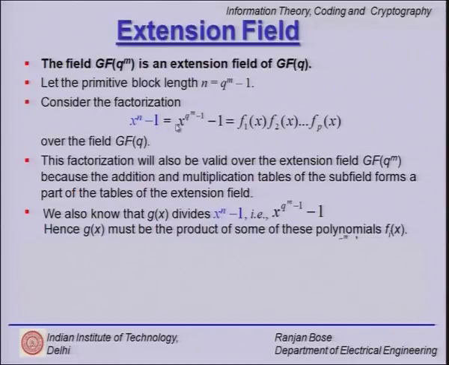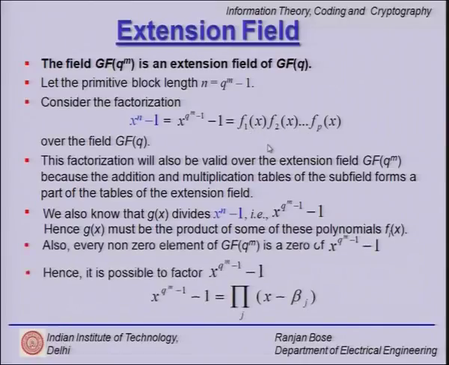So, I am now in the business of factorizing x raised by q raised by m minus 1 minus 1, and let us say we have these p factors. Okay. So, what we would like to do is we have to choose a finite number of these factors in order to satisfy the distance criteria we need to work with.